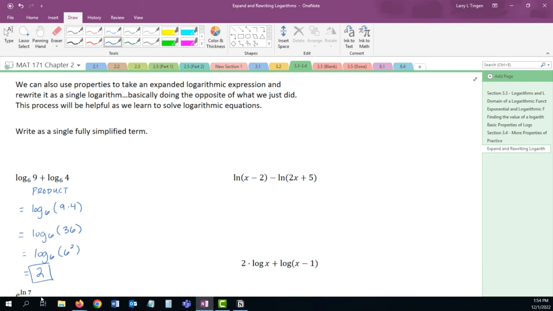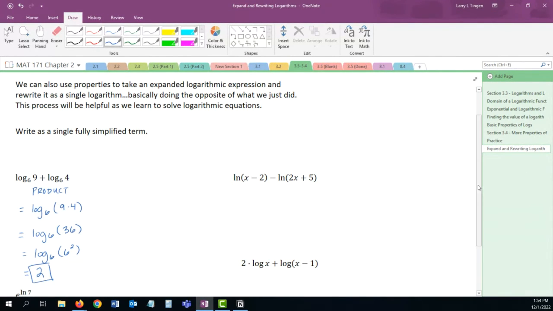Okay. So even though I don't see the answers to what is log base 6 of 9, what is log base 6 of 4, by consolidating them to a single log, I ended up creating an equation that I was able to solve completely. All right, so that comes out at 2.